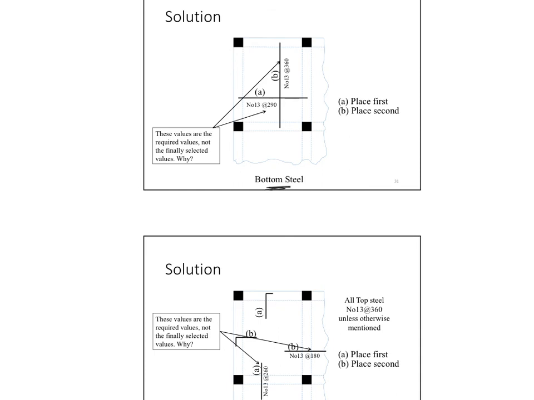Now I have a nice question here on the side: why are these required values, not the finally selected values? The same thing applies here. The reason is that these are not practical numbers. 36 centimeters is not a practical number to use. 29 centimeters is not a practical number to use.